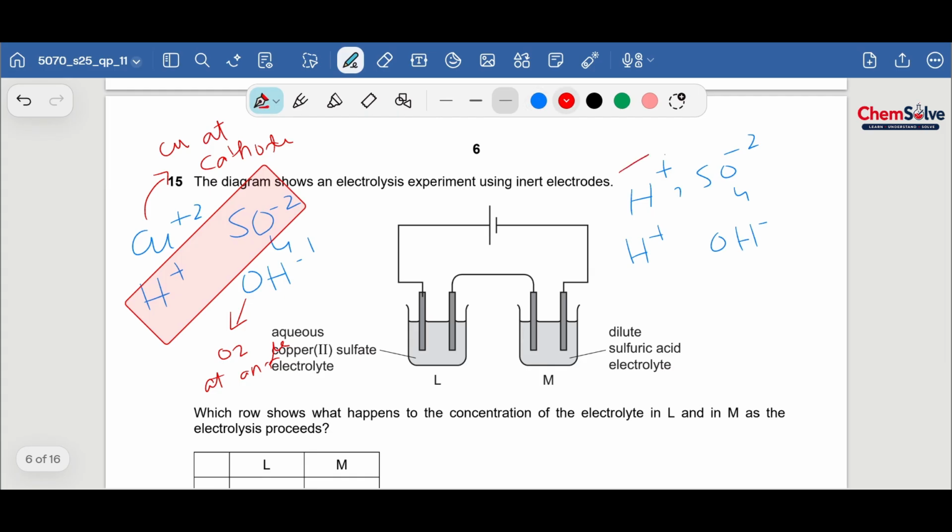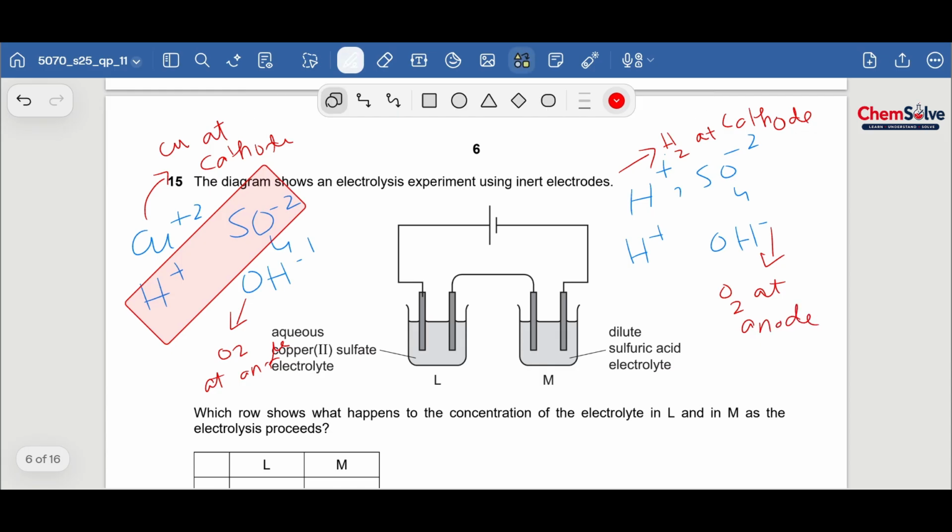Hydrogen will make hydrogen gas at the cathode, and OH- will form oxygen at the anode.